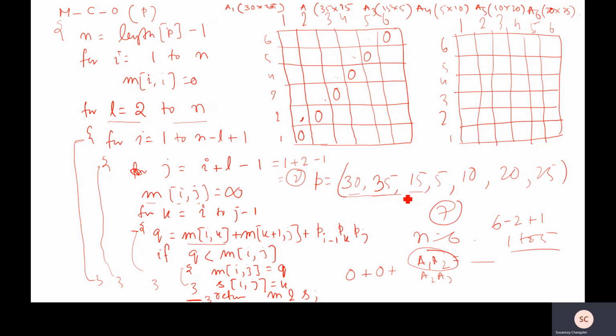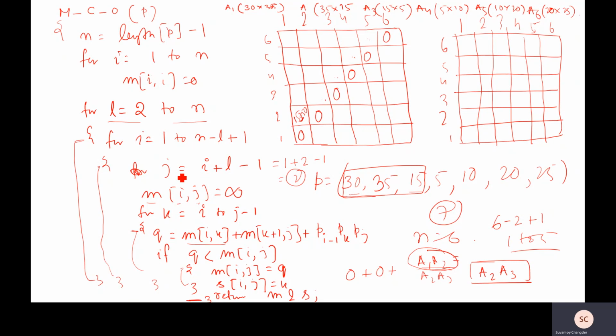So if we multiply these three, we will get the number of multiplications required to multiply A1 and A2. Very simple. And that value is 15750.